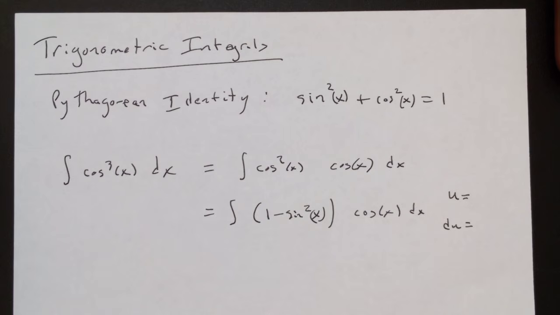If I do that, u is the whole thing, then I need the derivative of that for the du.